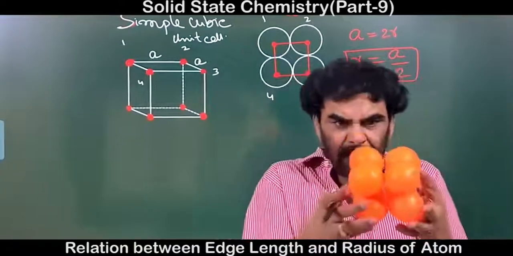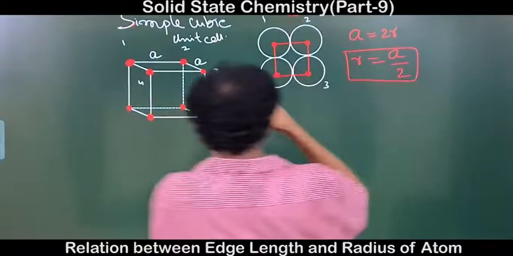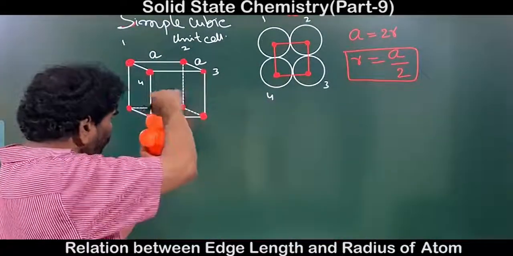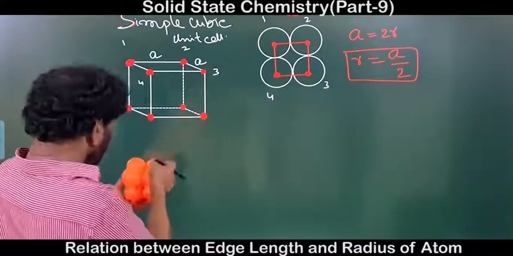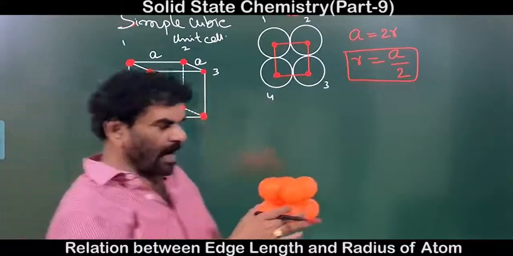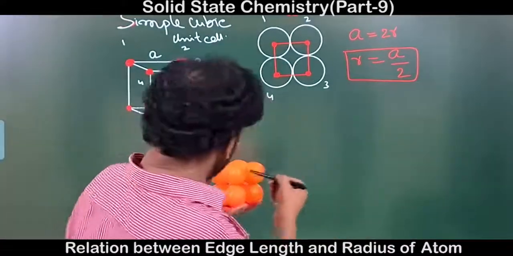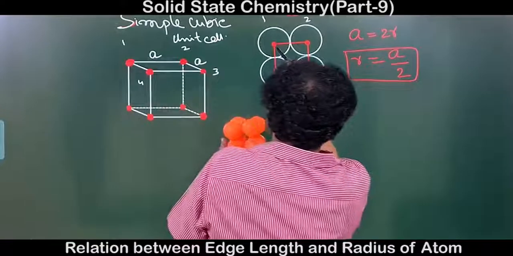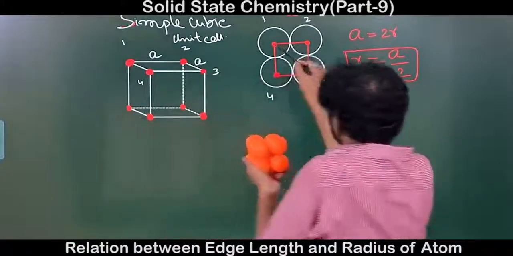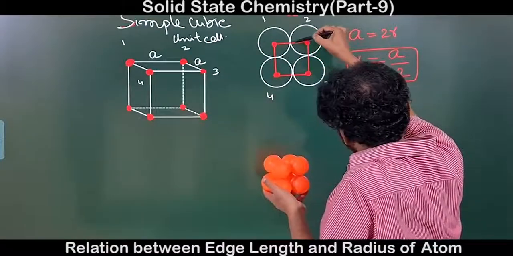These two are touching, these two are touching, all 4 are touching each other. That is a cubic arrangement. So the center to center distance is the internuclear distance between the 2 atoms. This is equal to r plus r.